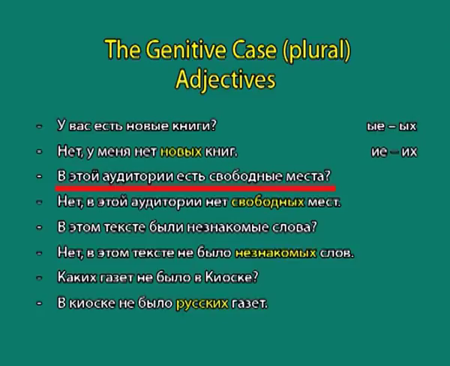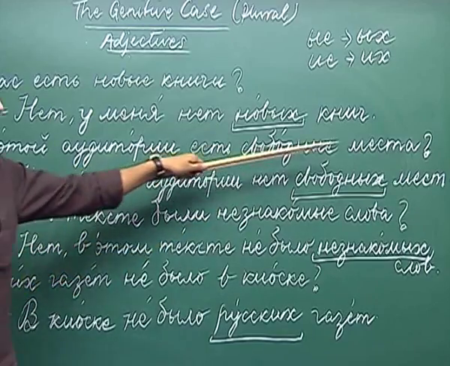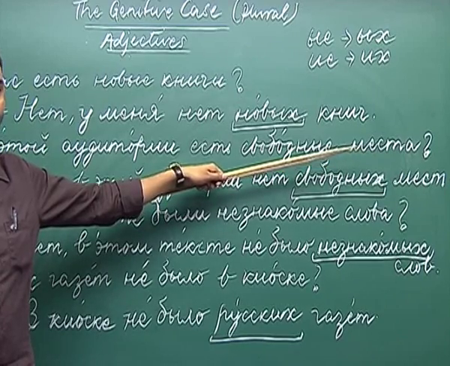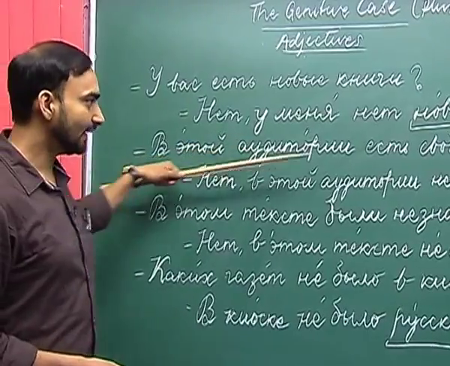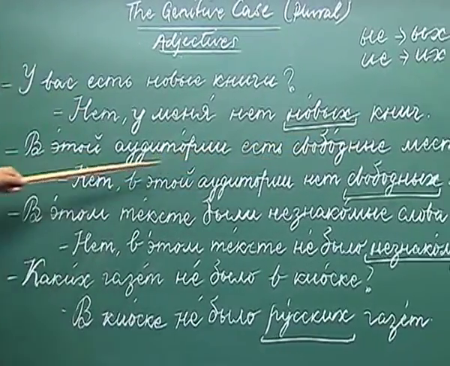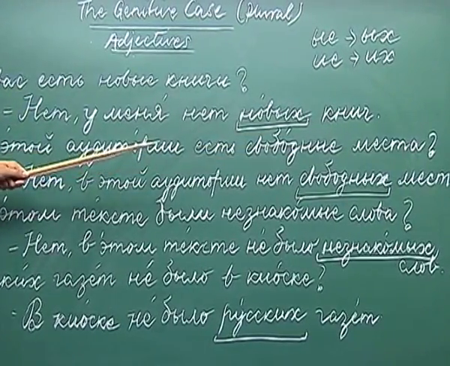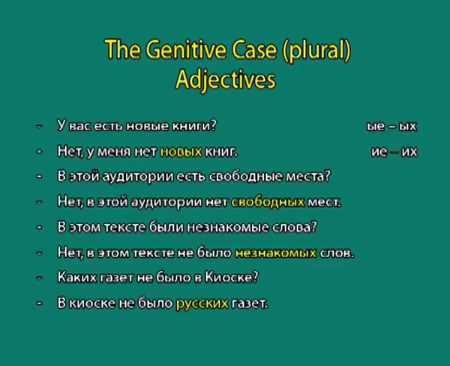Next question. В этой аудитории есть свободные места? Свободные места is vacant places. So, are there vacant places in this auditorium or hall? If you answer this question in affirmative, how will you answer? Да, в этой аудитории есть свободные места.